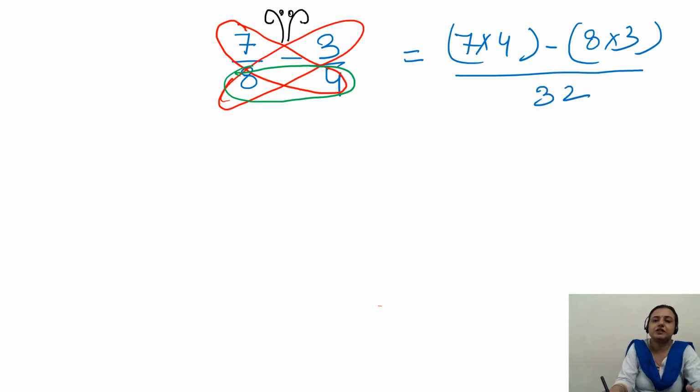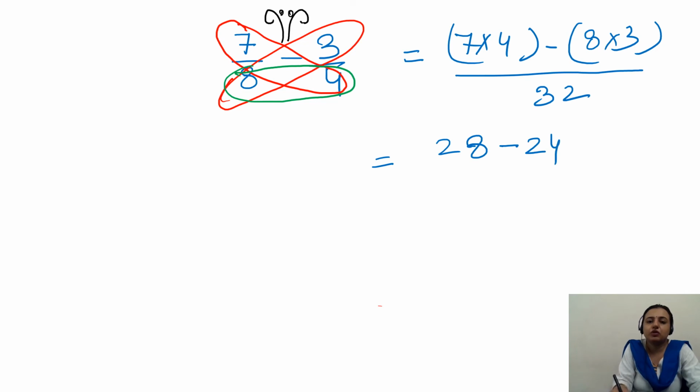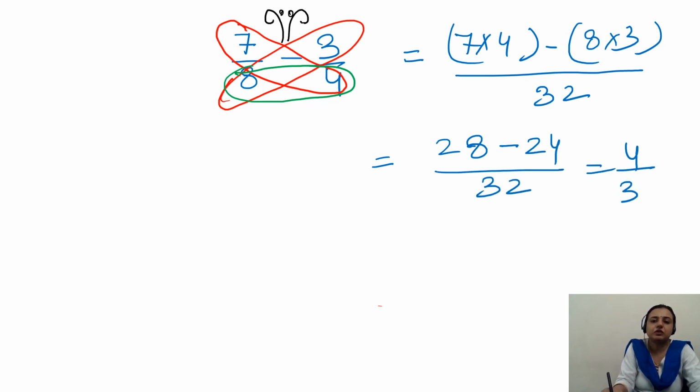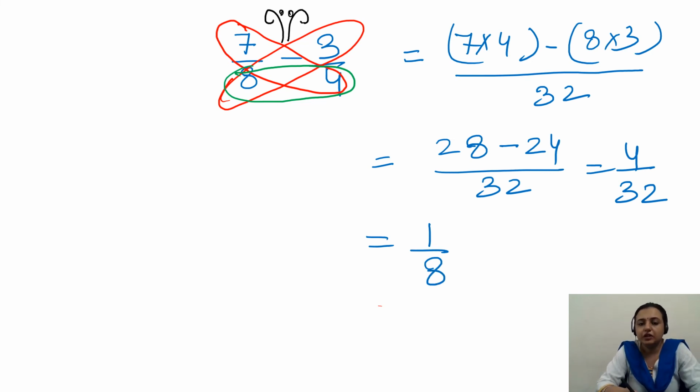So this method is well and good for the competitive ones. So this is 28 minus 24 upon 32, which is given by 4 upon 32. And if you find its simplest form, it is also 1 upon 8. So remember, this answer is the same as in the previous method. Okay.